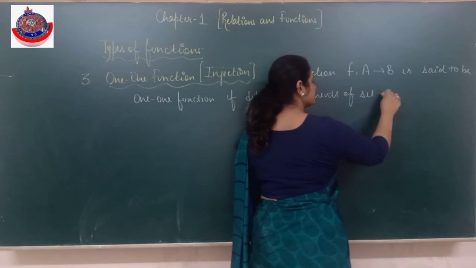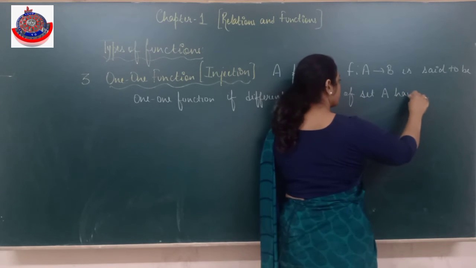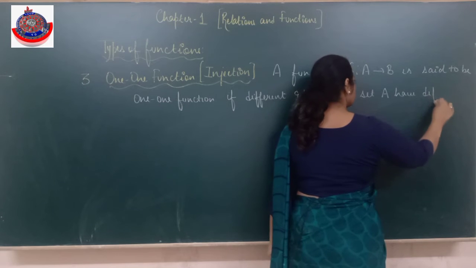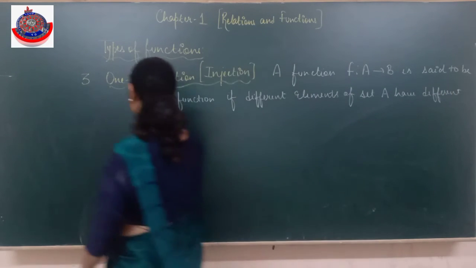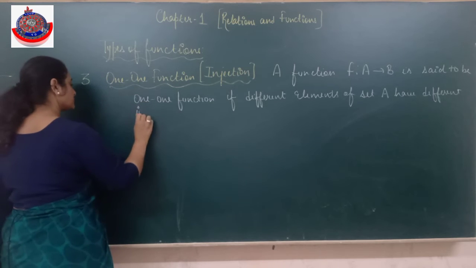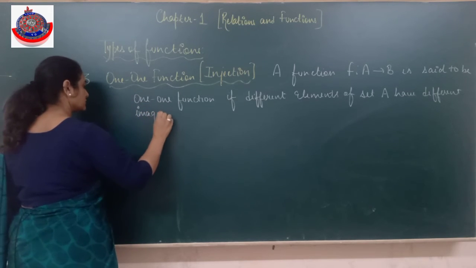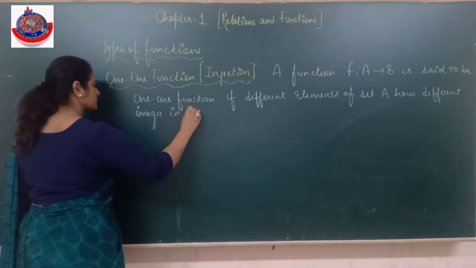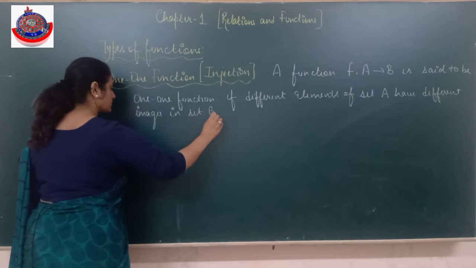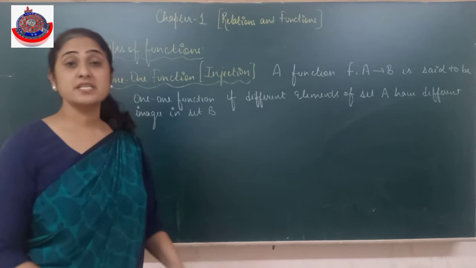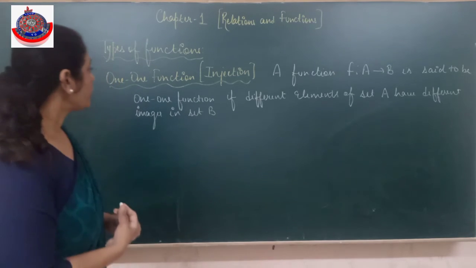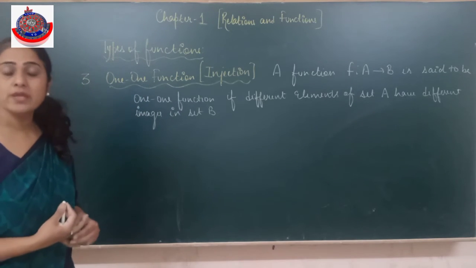Different elements of set A have different images in set B. Alright, then the function is said to be 1-1.